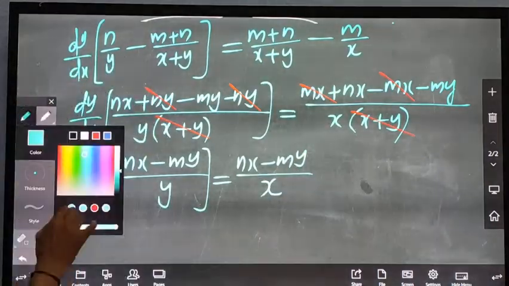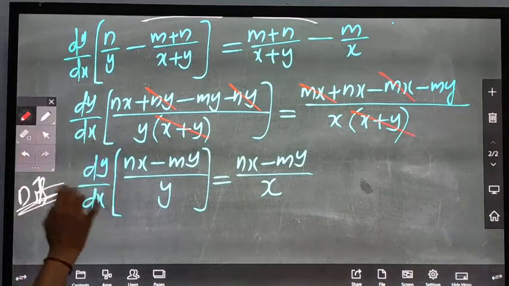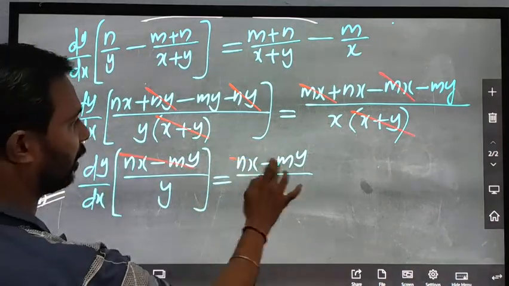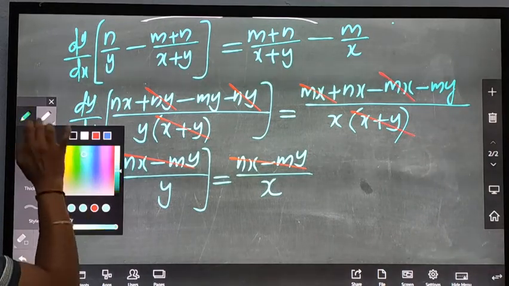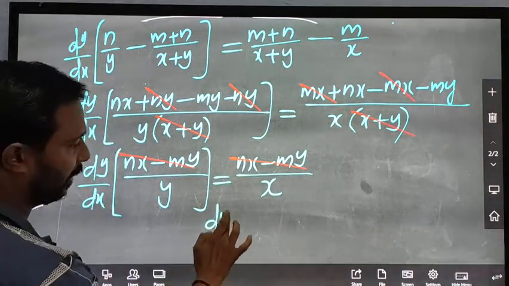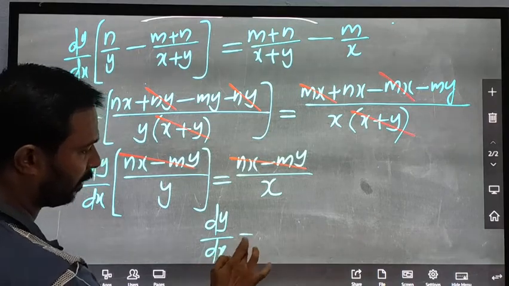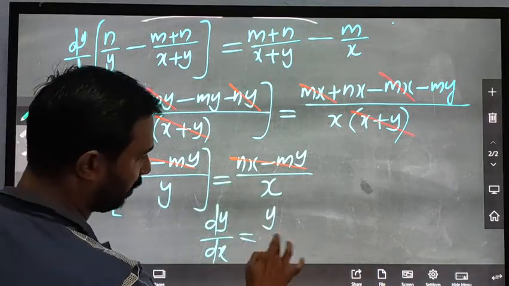You see, the numerators are again equal. nx minus my again cancels. Finally, we are at the answer. Therefore dy by dx is equal to, cross multiplying, y goes to the numerator, y by x.